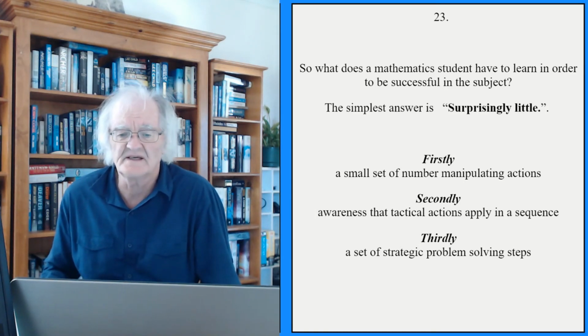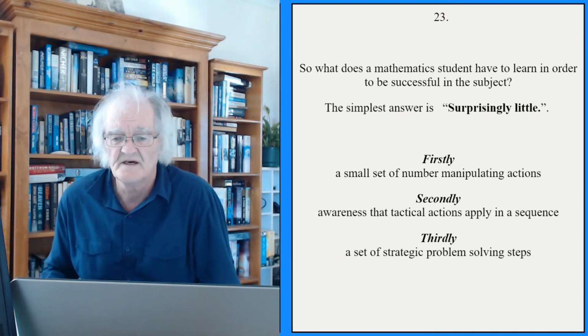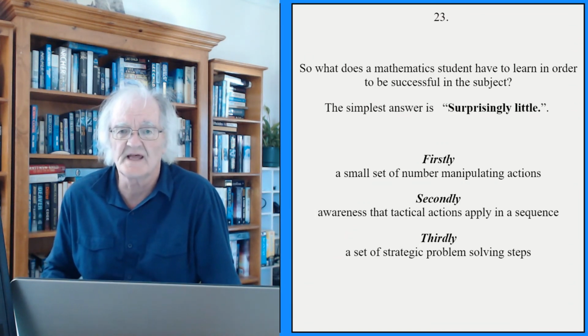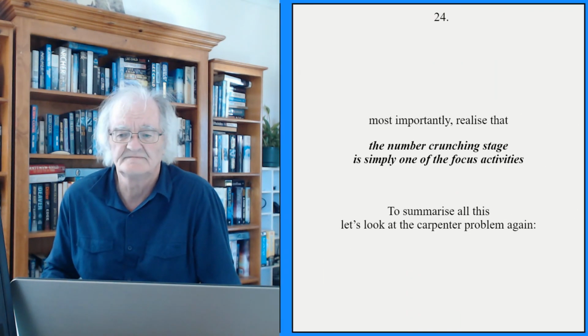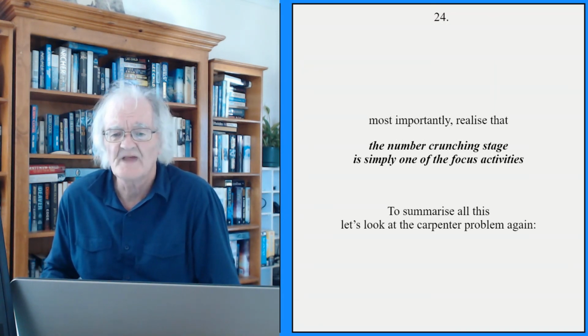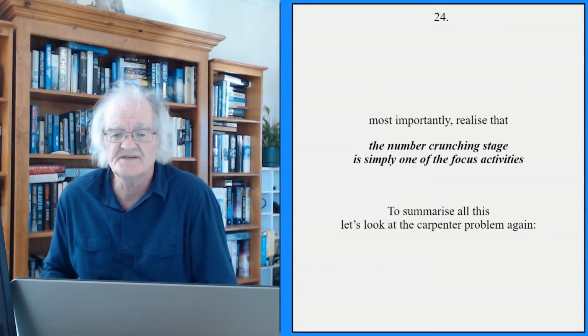And thirdly, they need a set of strategic problem-solving steps to make sure that tactical actions are applied appropriately. Most importantly, a student must realise that the number crunching stage is simply one of the focus aspects.